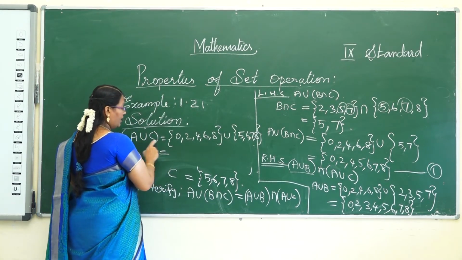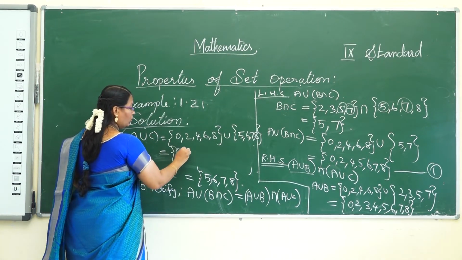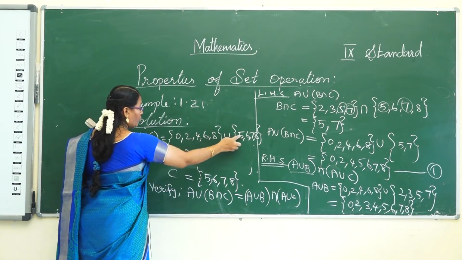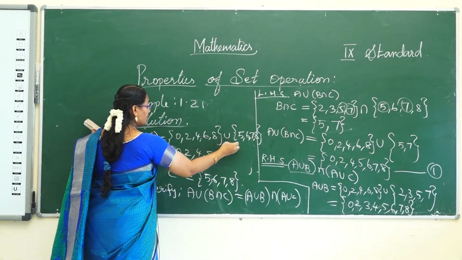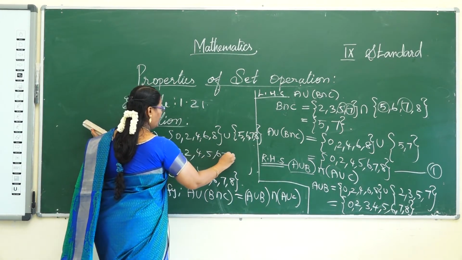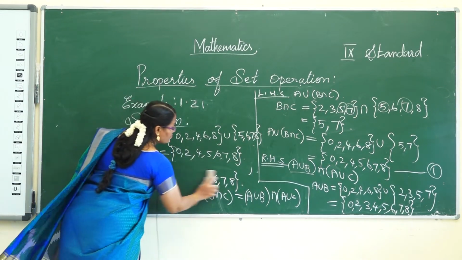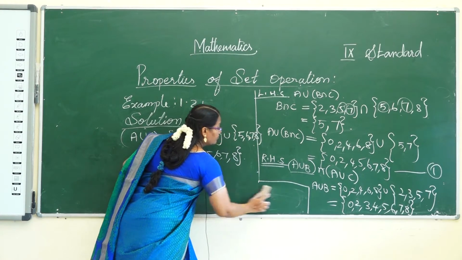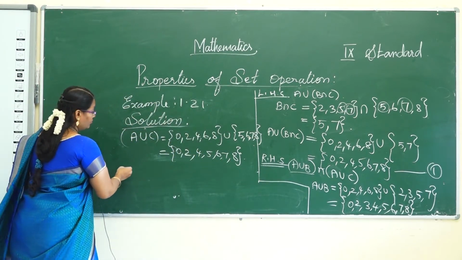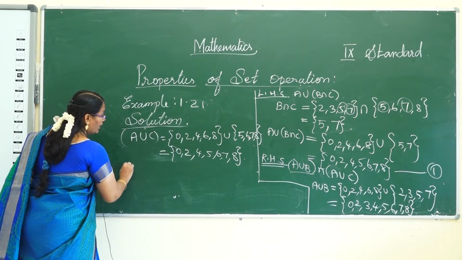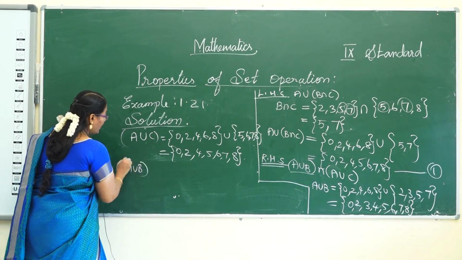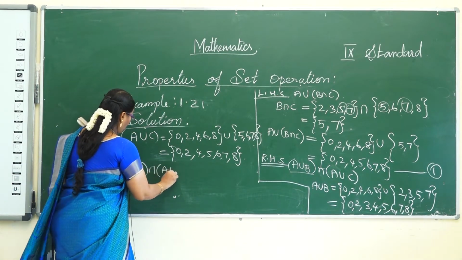Join all the elements, so 0, 2, 4, 5, 6, 7, 8. Now find (A union B) intersection (A union C).